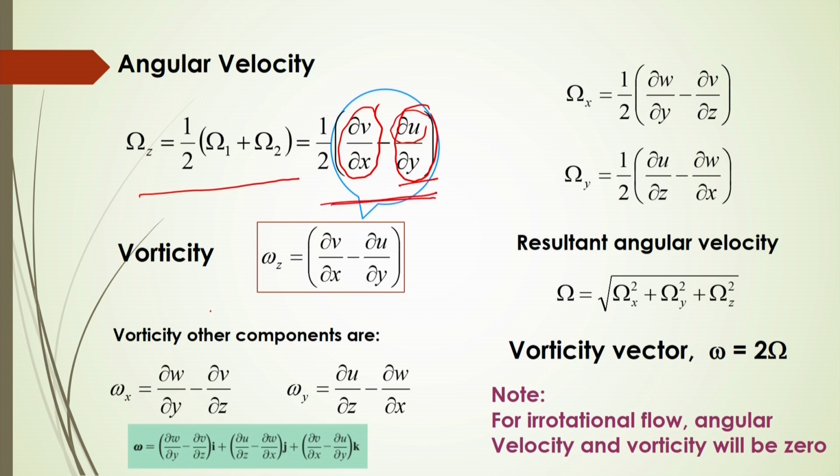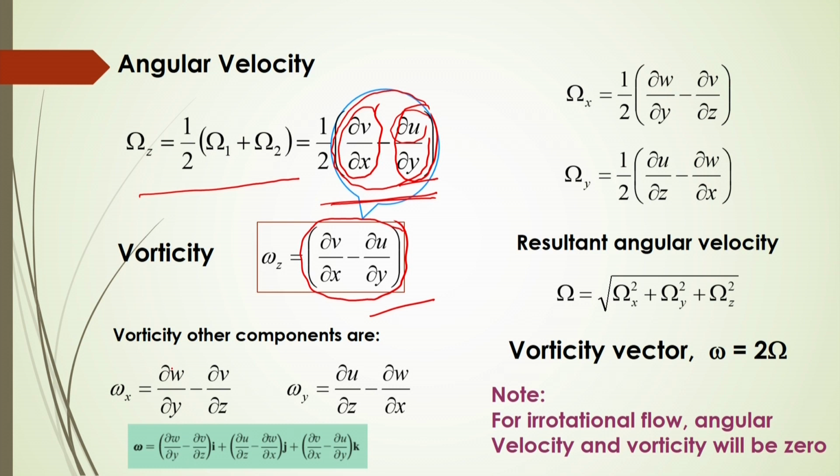From this part, the relative gradient of the velocity in the y and x directions will be represented as the vorticity. So, vorticity is defined as ∂v/∂x minus ∂u/∂y in the z direction.